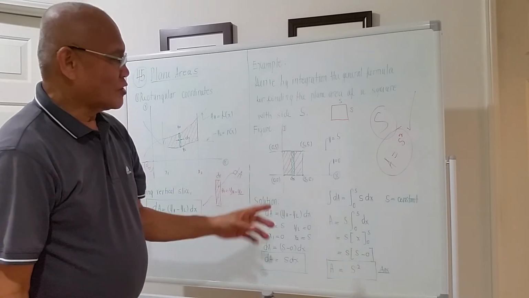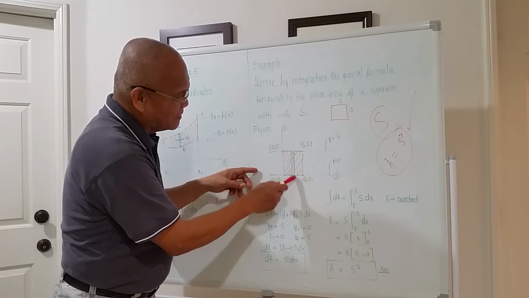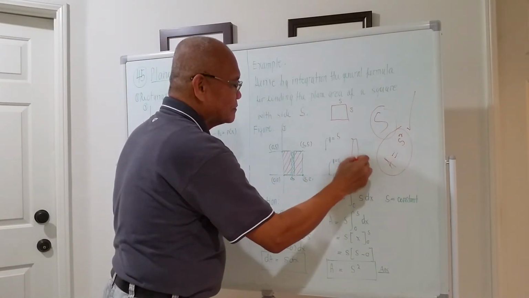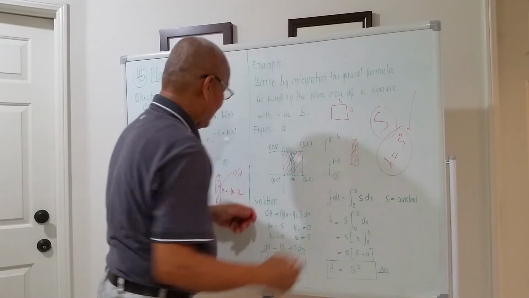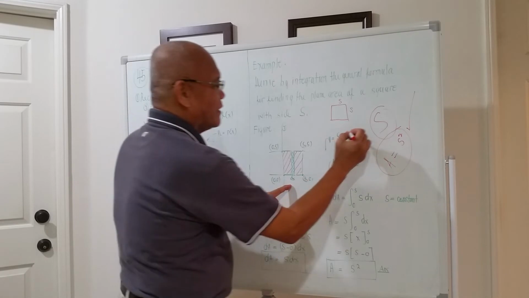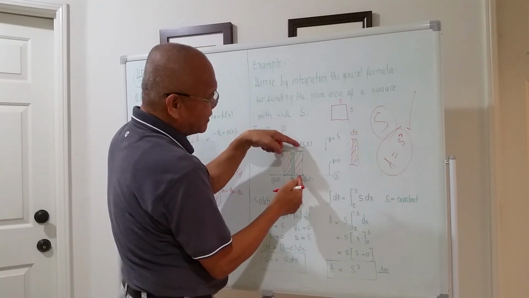If we try to use vertical slice, this will be the vertical slice, the one I discussed a while ago. The thickness will be dx. And what is this height?